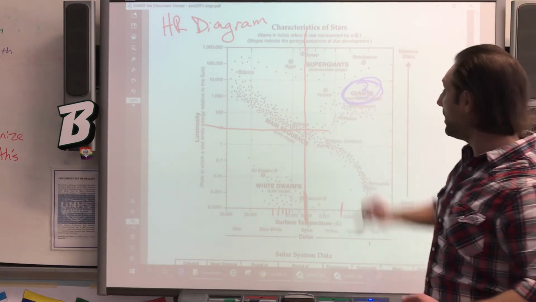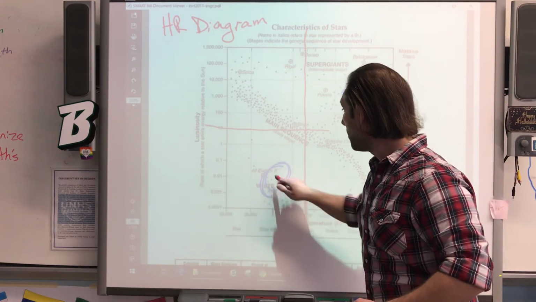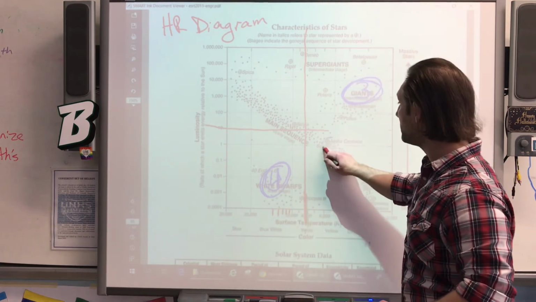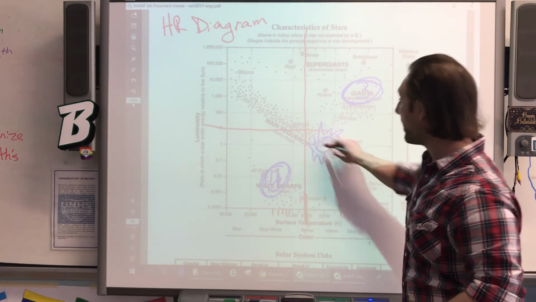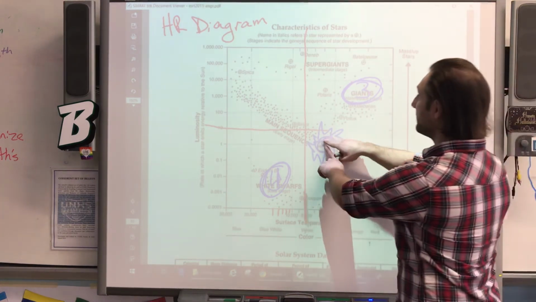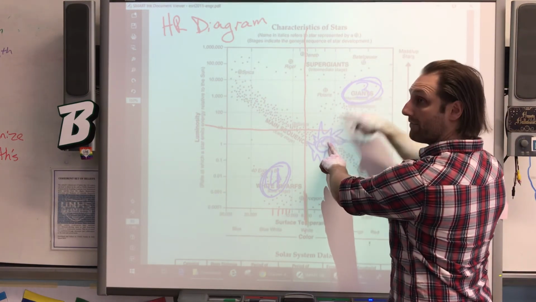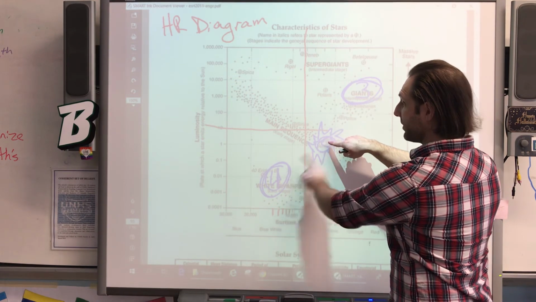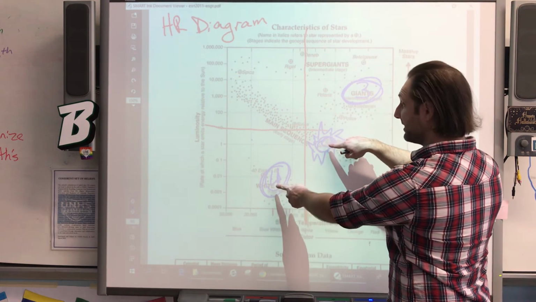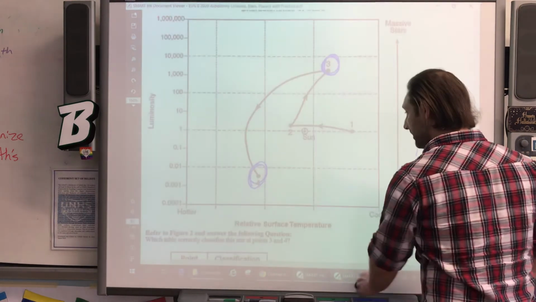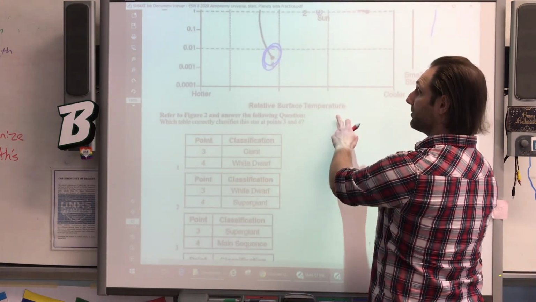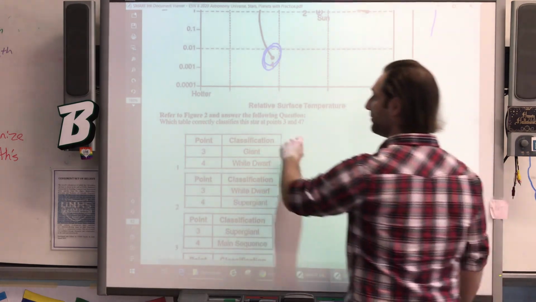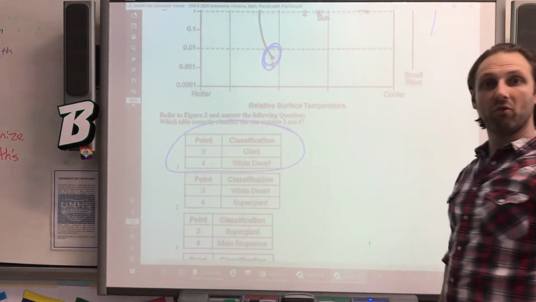That's where 3 was. Here's where 4 is. And that was the sun here as a reference point. So we realize that 3 is in this area away from the sun, and 4 is this direction away from the sun in the diagram. So we come back to here. Let's figure out what works best. So 3 being giant, 4 being white dwarf. And we got that one right there.